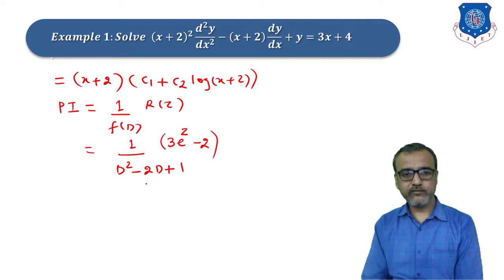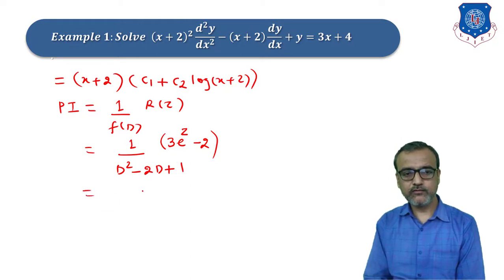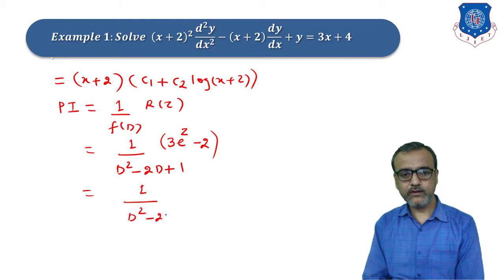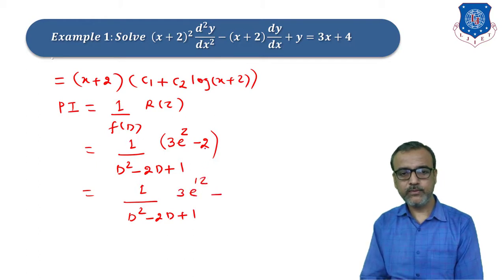Now we will apply this operator on 3 e raised to z as well as on this constant value. So this is equal to 1 upon D square minus 2D plus 1 times 3 e raised to 1z, minus 2 is a constant value, 1 upon D square minus 2D plus 1, and here we will write e raised to 0z.